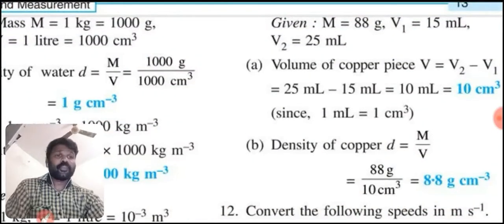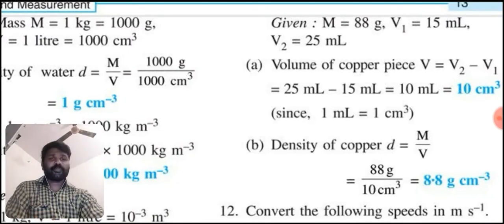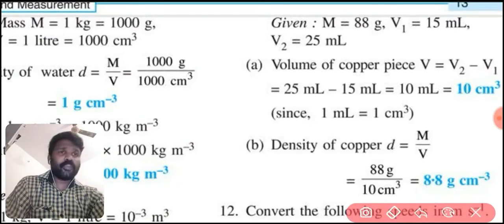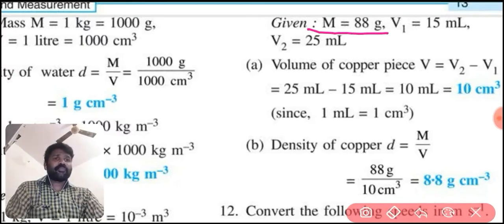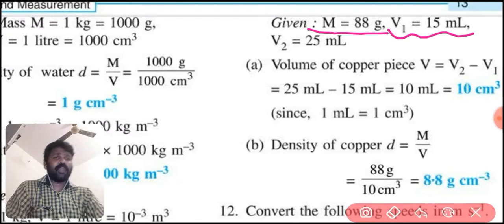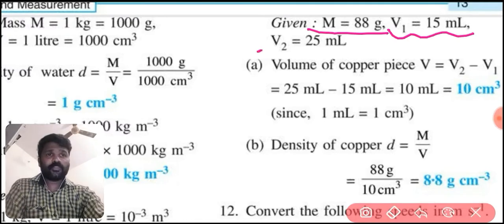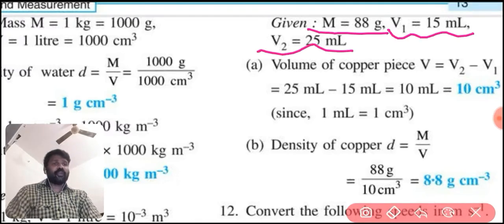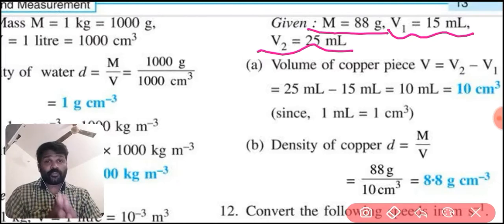Okay students, here it is given that M is equal to 88 gram, V1, the initial level of the water, is equal to 15 ml, the final level, that is V2, is 25 ml. First of all, we have to find out the volume.